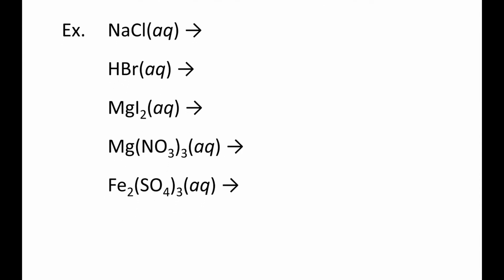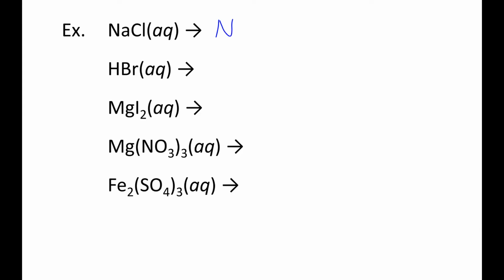Let's look at NaCl. Sodium chloride is made up of sodium ions and chloride ions that come together to form a sodium chloride crystal. When you put it in water, it basically dissociates. So it's no longer sodium chloride. It's sodium ions and chloride ions floating around.